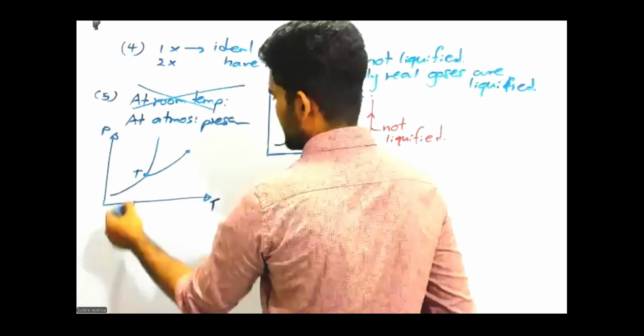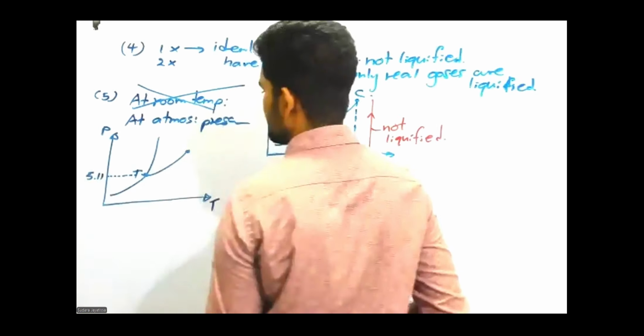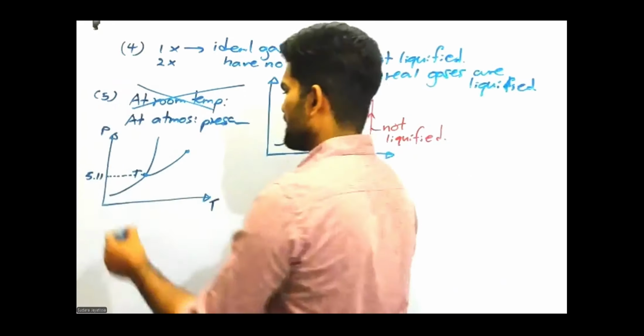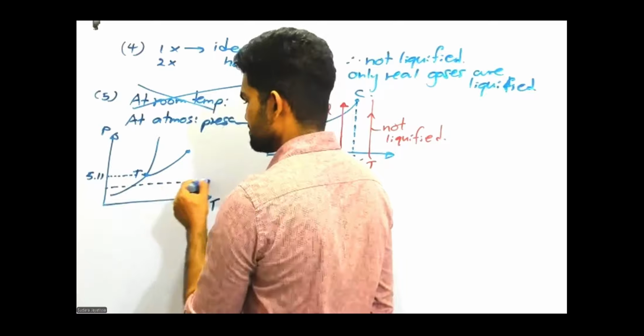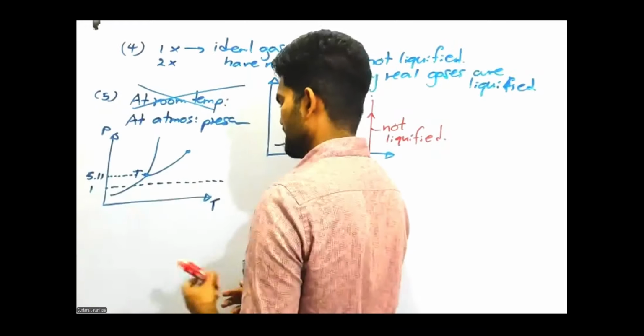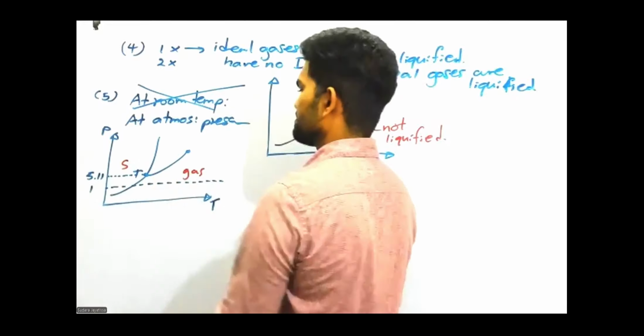This is the triple point of carbon dioxide. Triple point pressure is 5.118 atm. Remember, you don't really need to memorize that one. But we are living at 1 atm pressure. So that means at 1 atm, you can only see the solid state and gaseous state.